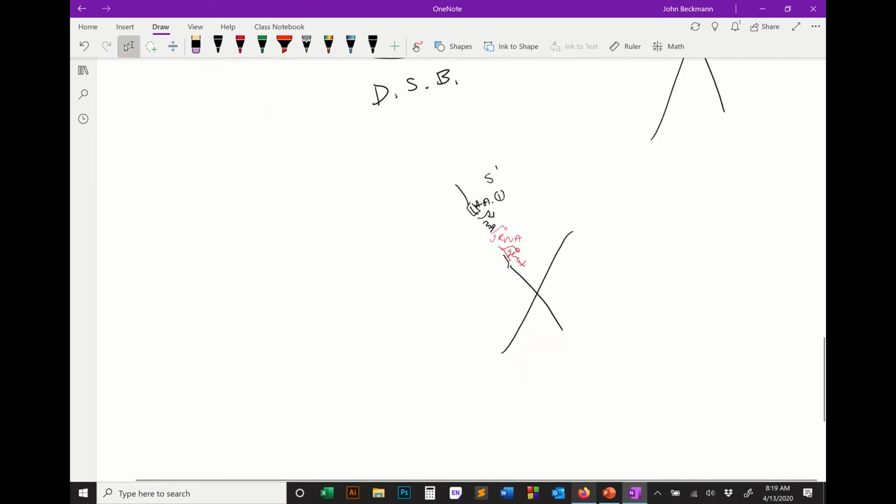Now the process is going to repeat because these genes are on the chromosome. Now what we have is one chromosome converted. But there's a second chromosome because it's diploid.